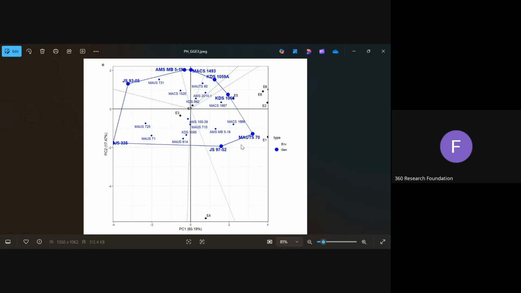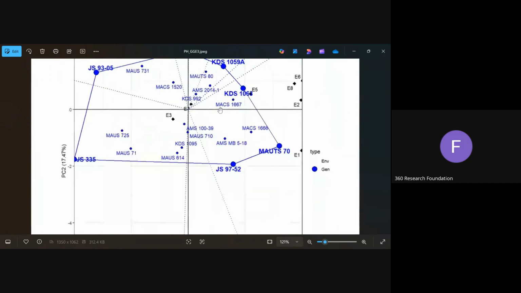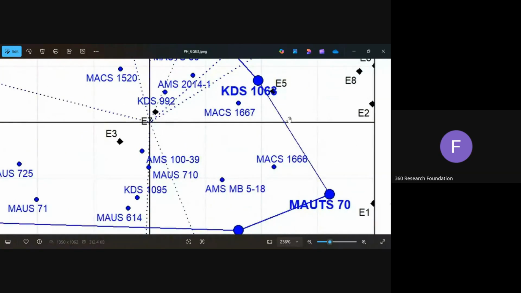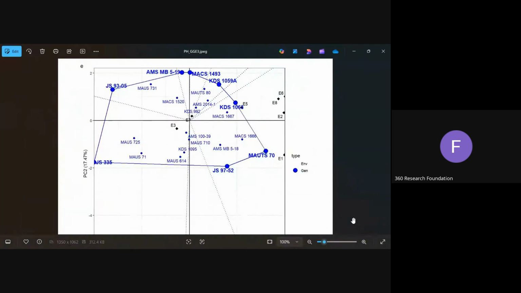Why am I saying KDS 1063? It is very close to E5 and on the verge of the polygon. Whatever genotypes are on the verge of the polygon, we conclude they contributed strongly to G into E. That's why I told 1063 only is adapted to E5.